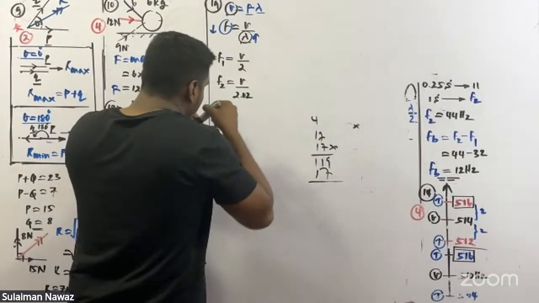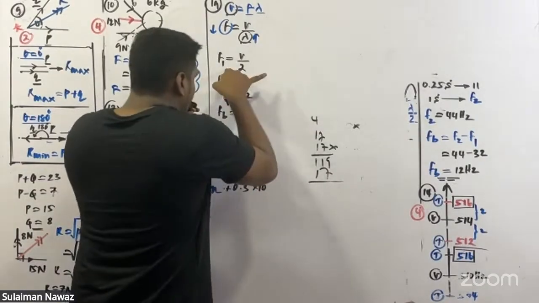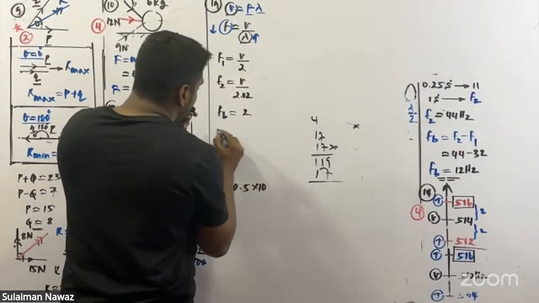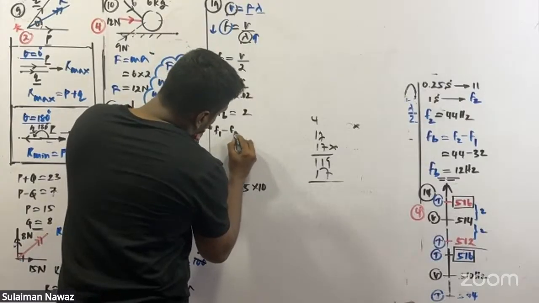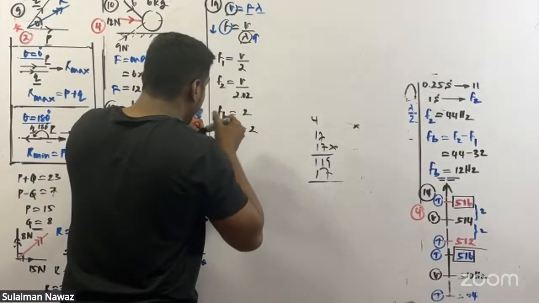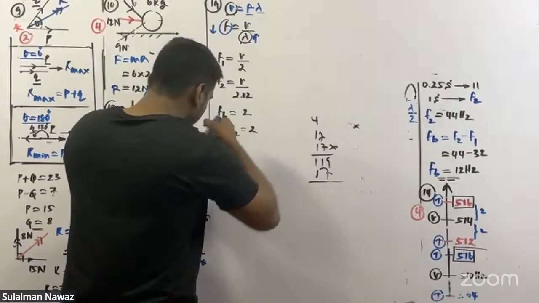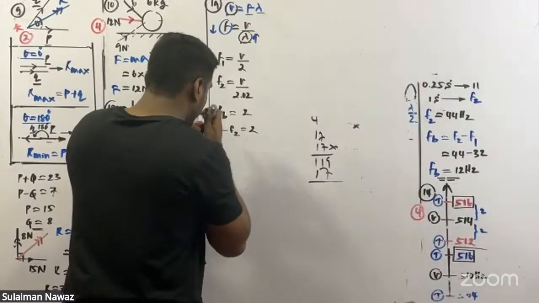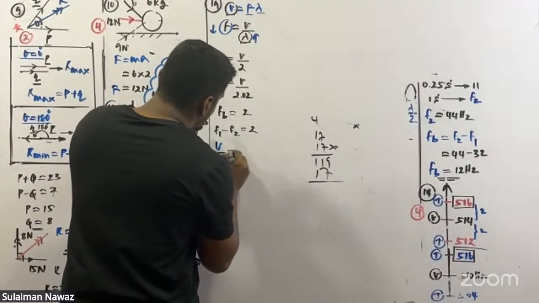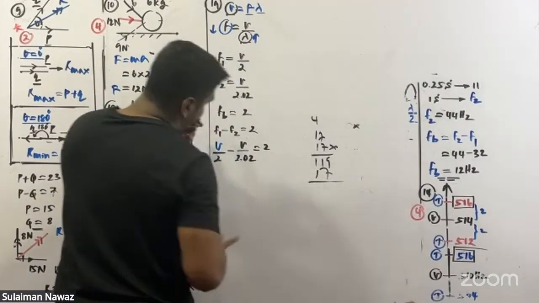They mentioned beat frequency is 2. f1 is larger, f2 is smaller. f1 minus f2 is 2. Substitute, you want to find V: V over 2 minus V over 2.02 must be equal to 2.